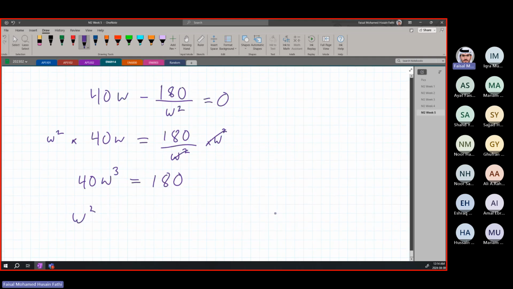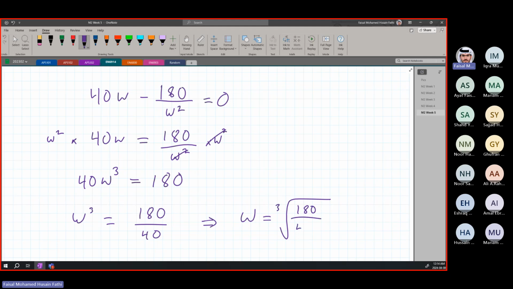But W cubed is equal to 180 divided by 40, which implies W is going to be equal to the cube root of 180 divided by 40. How did we get this? We just do the cube root of both sides to cancel the cube.